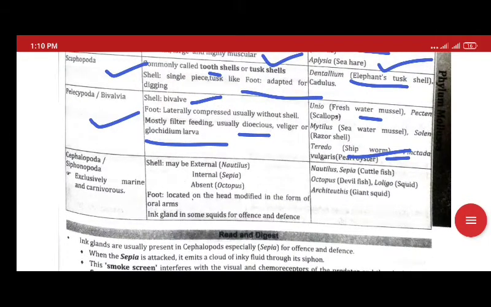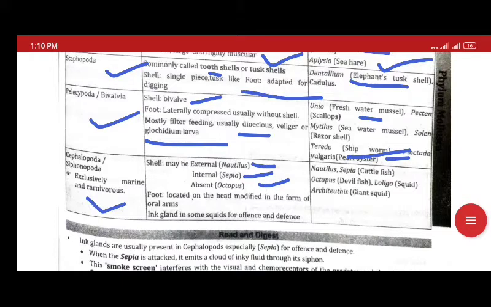Now Cephalopoda are exclusively marine and carnivorous. In this class only marine animals are involved. Here the shell is present internally, or absent, or external too.